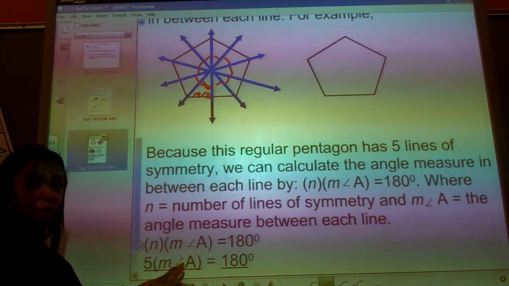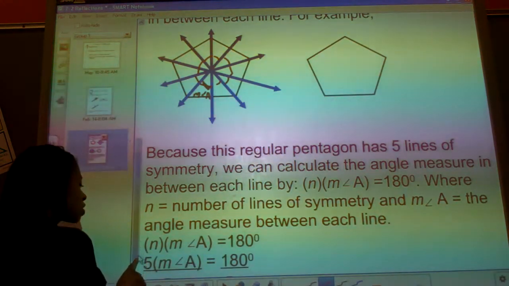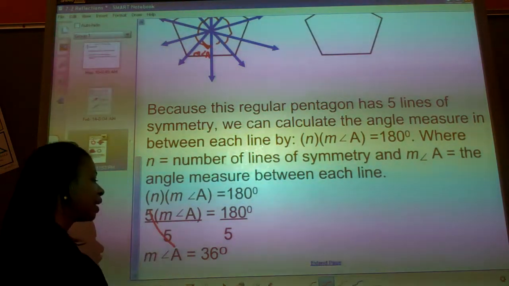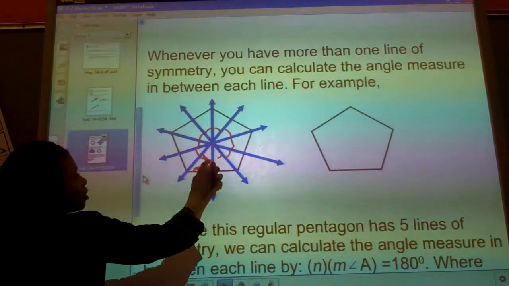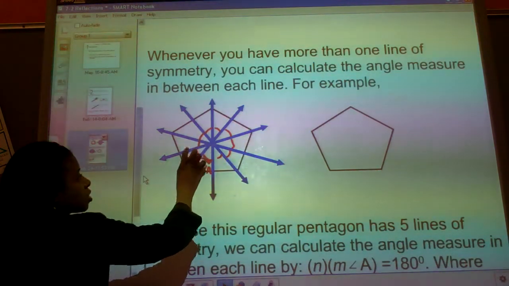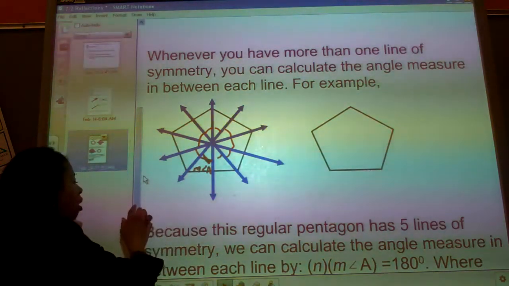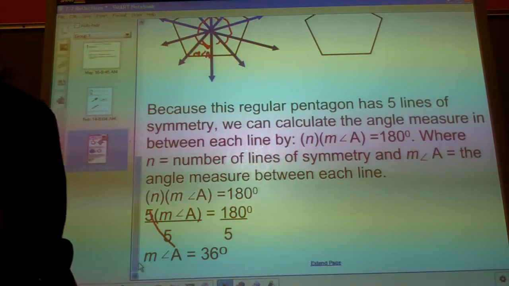I need the measure of angle A on the side by itself, so I'm going to divide both sides by, of course, 5. So I'm left with the measure of angle A equaling 36 degrees. So we'll find 36 degrees being in between each of these: 36, 36, 36, 36 degrees, 36 degrees, 36 degrees, 36 degrees, all the way around. And we will be working on this further in class.